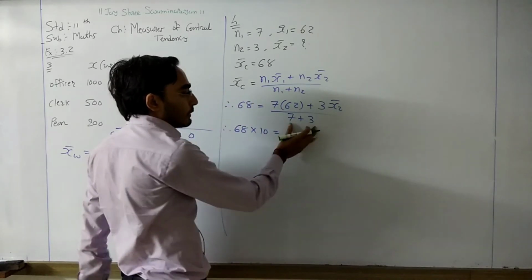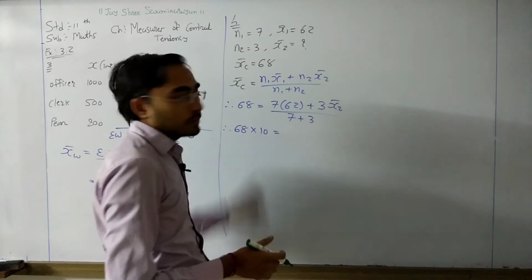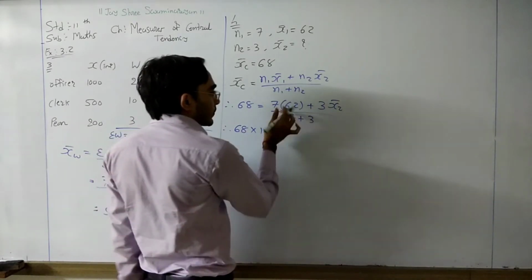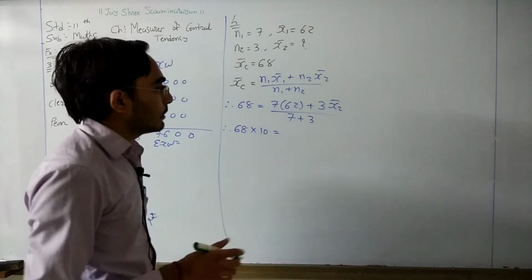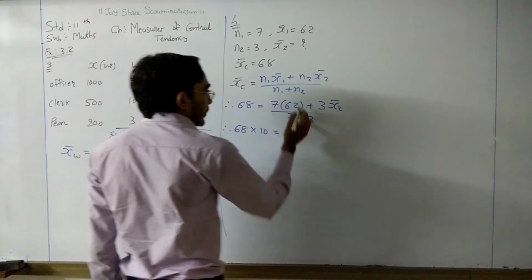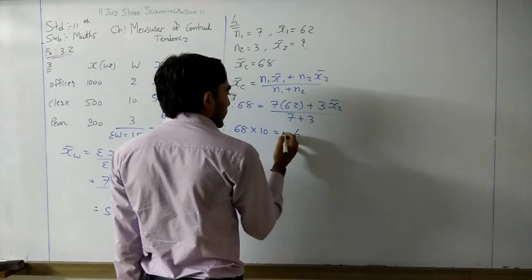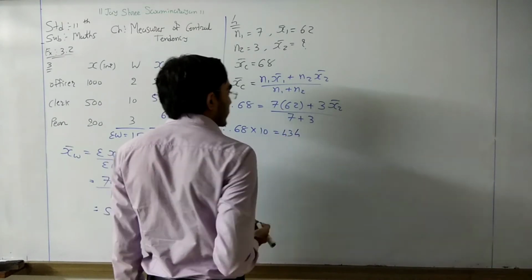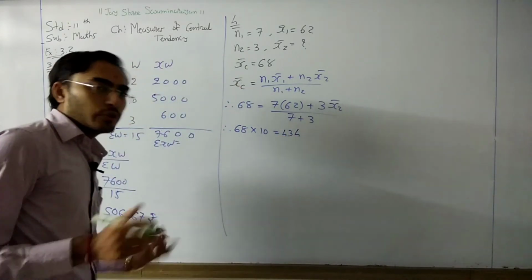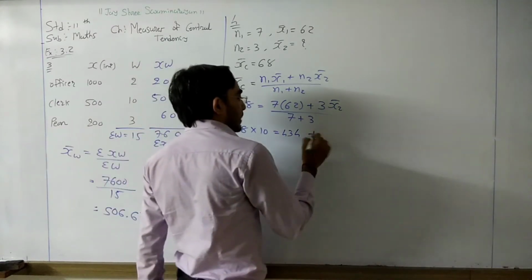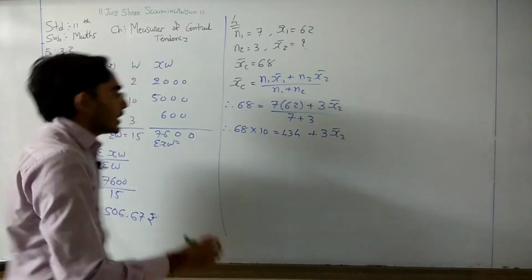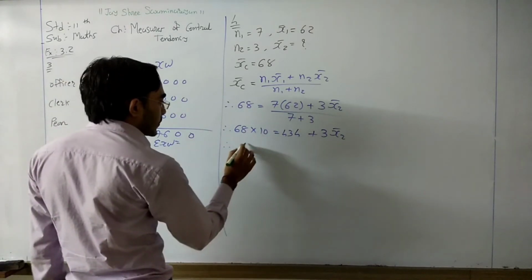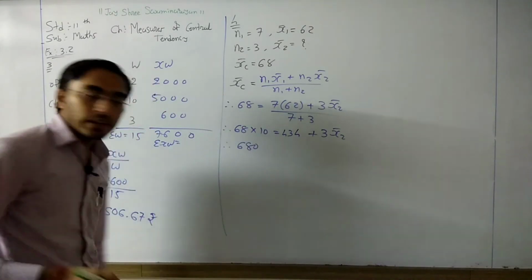The bracket means multiplication, so 7 multiplied by 62: 7 times 2 is 14, 7 times 6 is 42, plus 1, that is 434. Plus 3 x2 bar. Now 68 into 10 means 680.